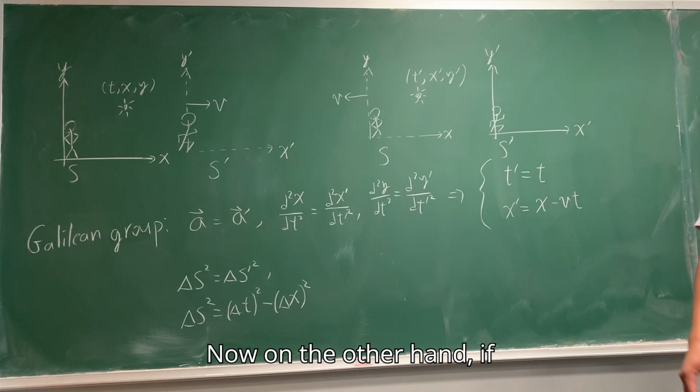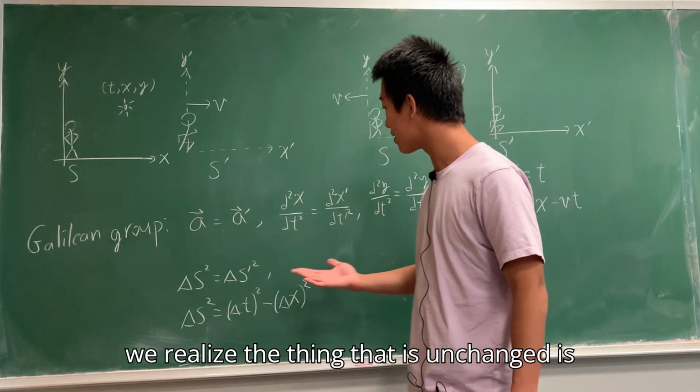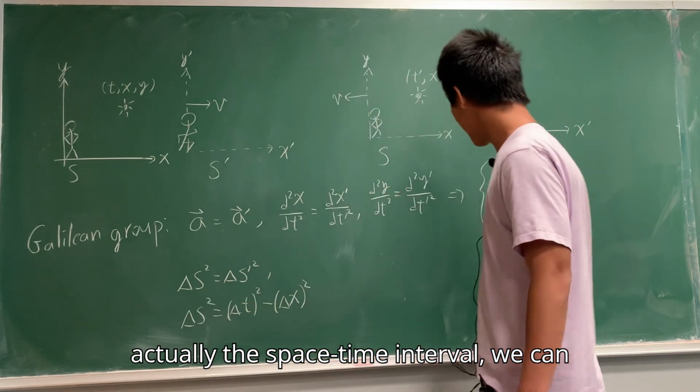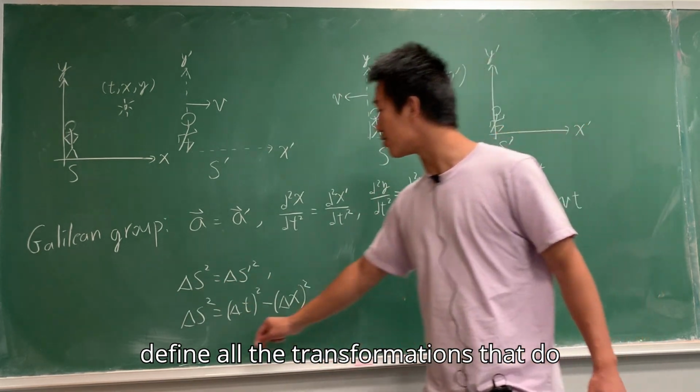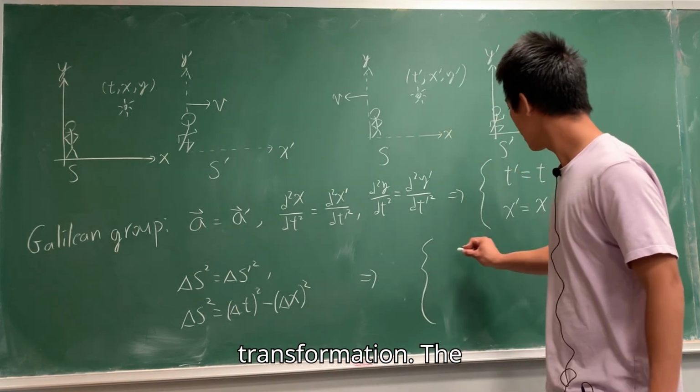Now, on the other hand, if we realize the thing that is unchanged is actually the space-time interval, we can define all the transformations that do that, which is the familiar Lorentz transformation.